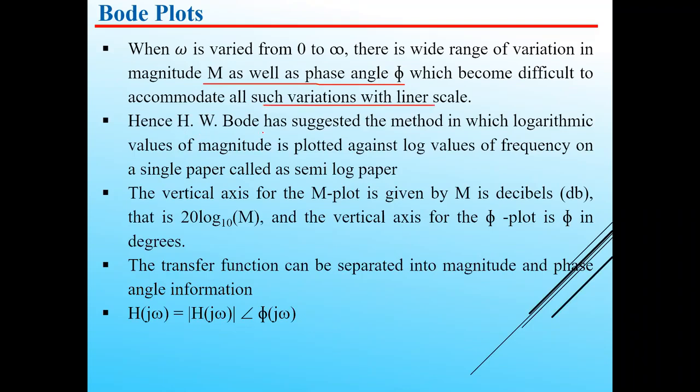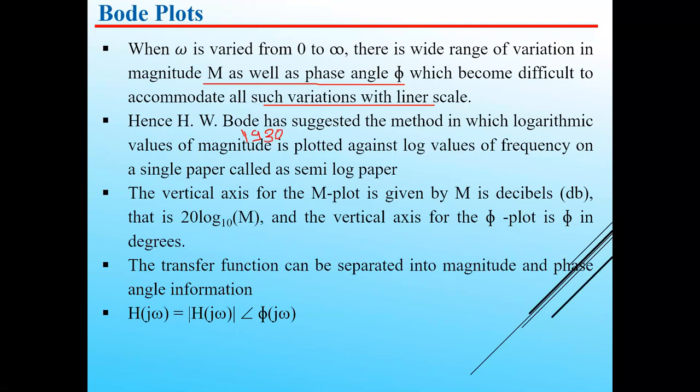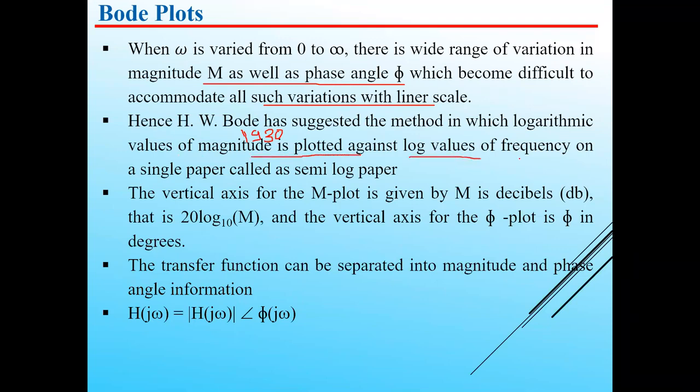And that's why H.W. Bode in 1930 suggested logarithmic scale, and he gave a methodology how to calculate the frequency response of the system. That is a very famous method, and that's why that plot itself is named a Bode plot. He suggested the method in which logarithmic values of magnitude are plotted against log value of the frequency.